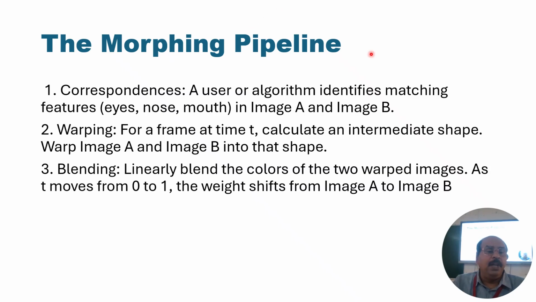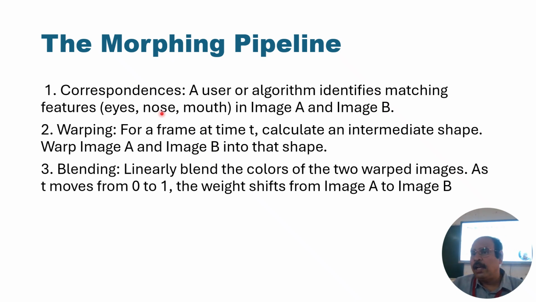How is morphing being done? What are the steps for morphing? I put the title as morphing pipeline, as it is given in your standard textbook. These are the different stages for morphing.